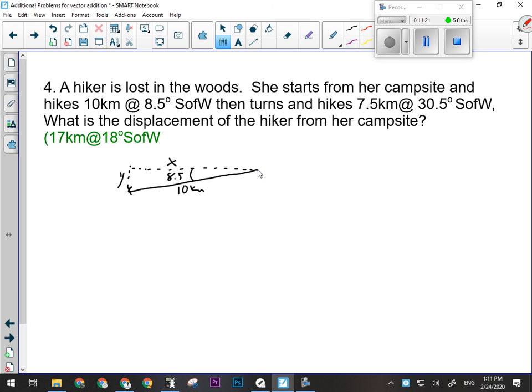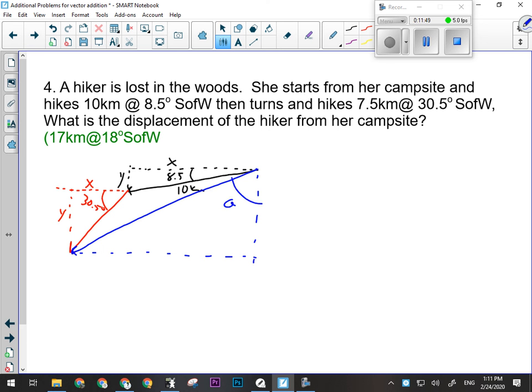Then another one that's also south of west, so I draw a line that's west and go 30.5 degrees south of that, with its x and y. That means my overall displacement is looking like that. So that's what our diagram should look like.